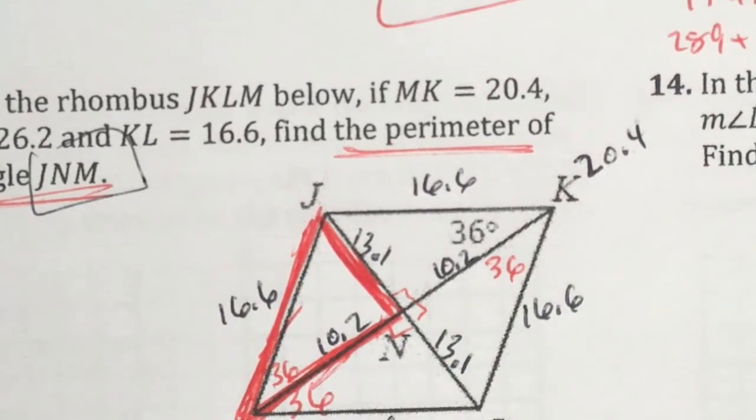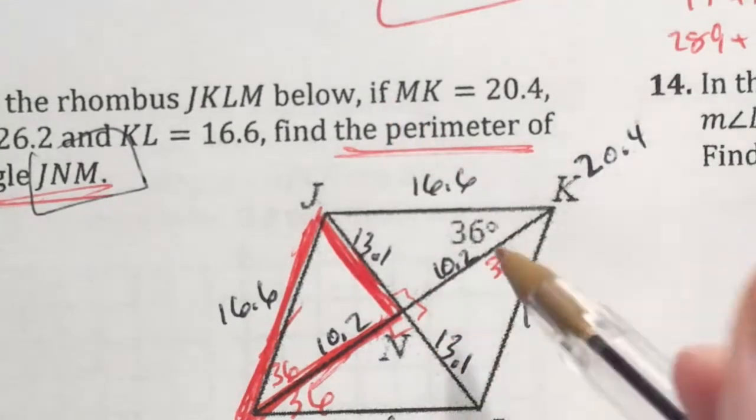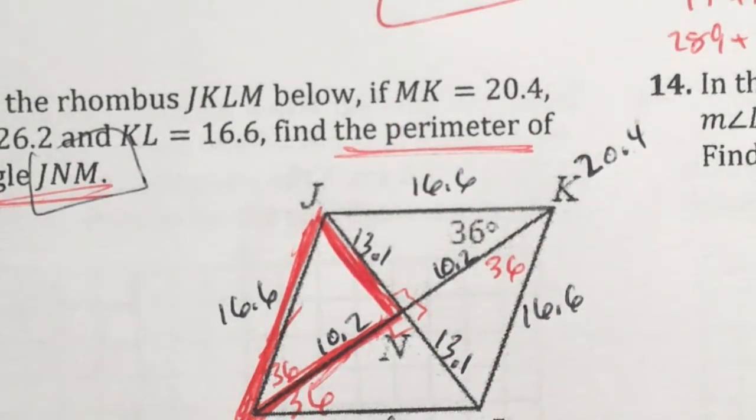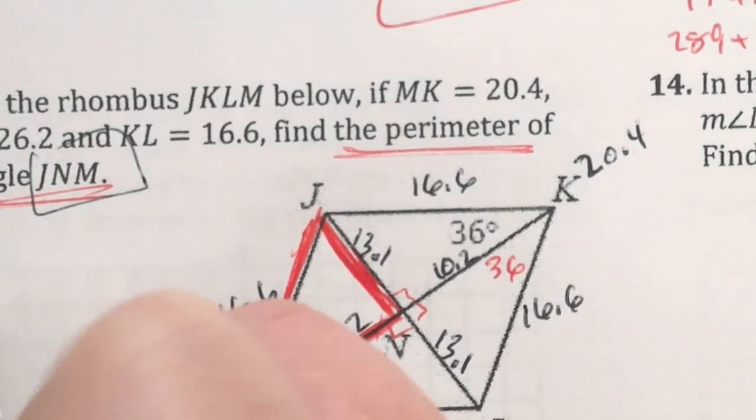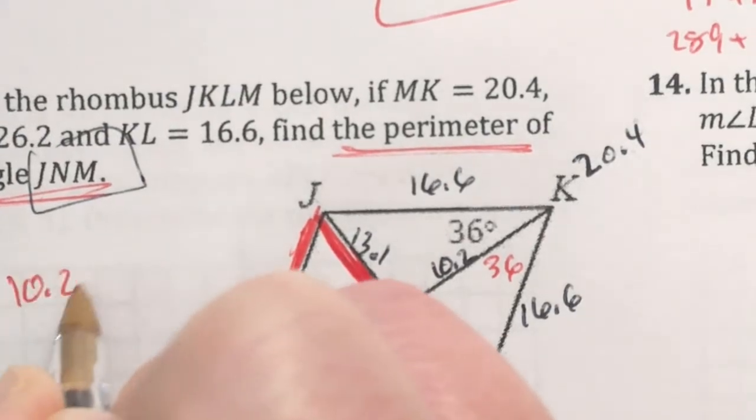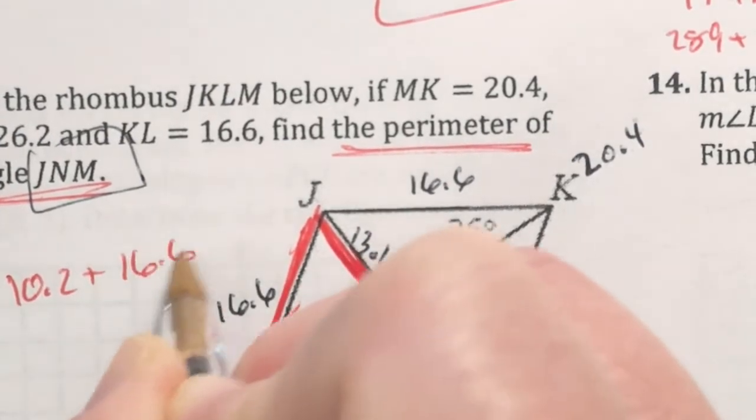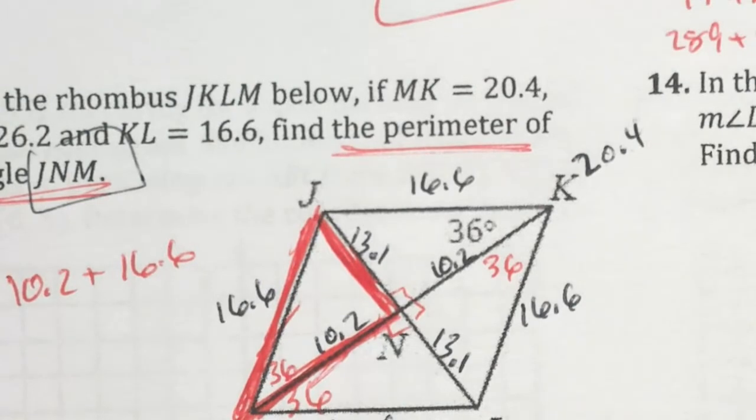Just add up all the sides. So we have 13.1 plus 10.2 plus 16.6. Add those together. That's the perimeter.